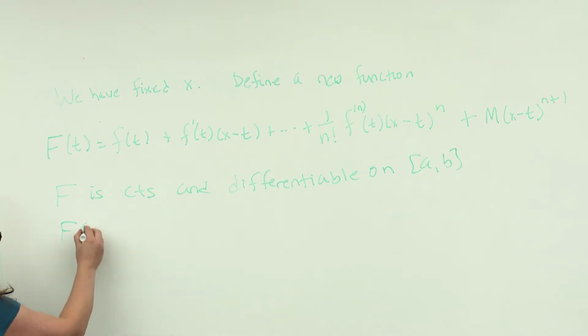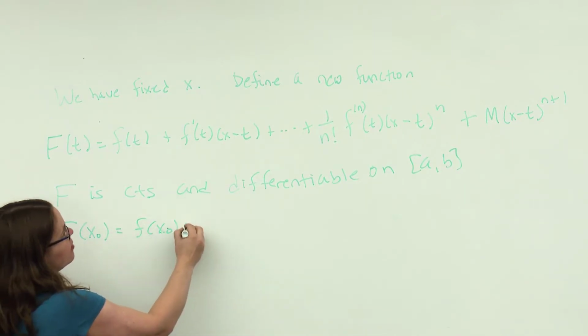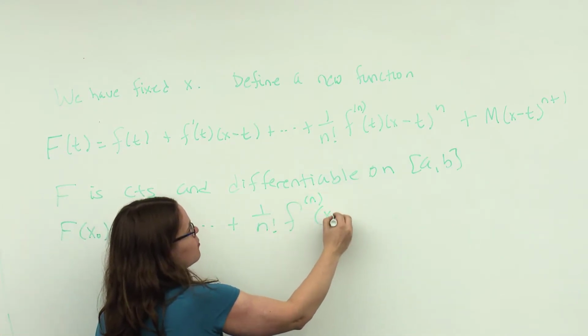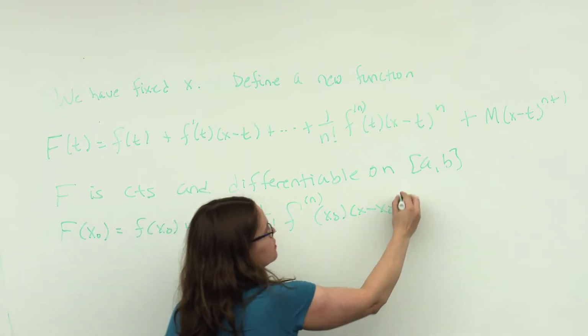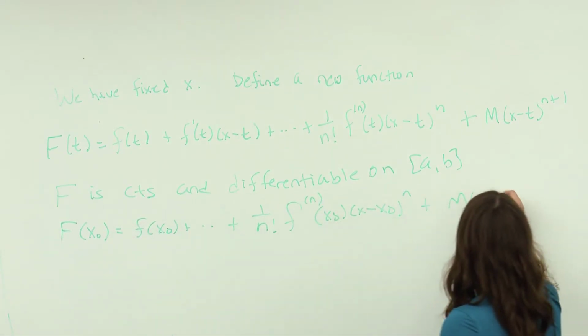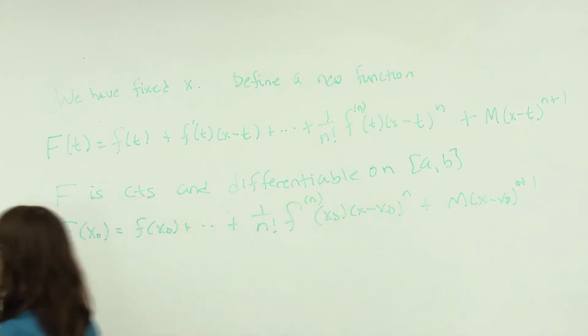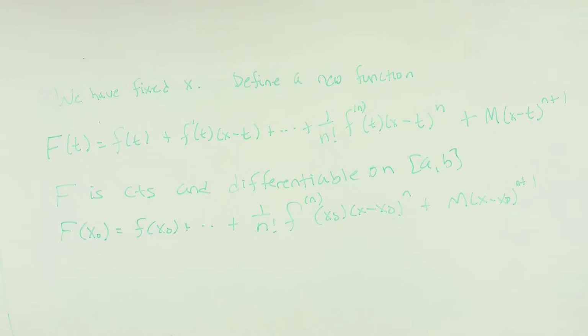If I put in capital F of x naught, what do I get? I get f of x naught plus this whole Taylor approximation, plus m times x minus x naught to the n plus 1. That looks long, but can I simplify this a little bit?